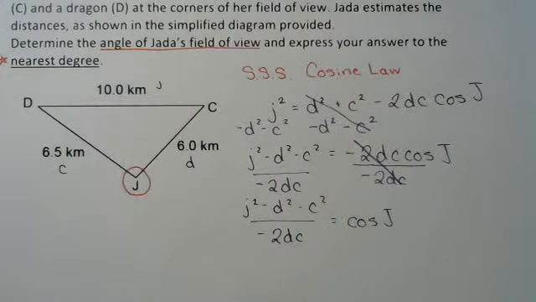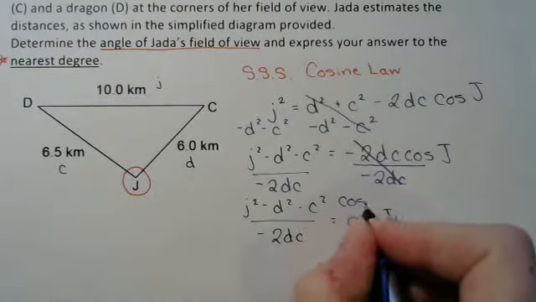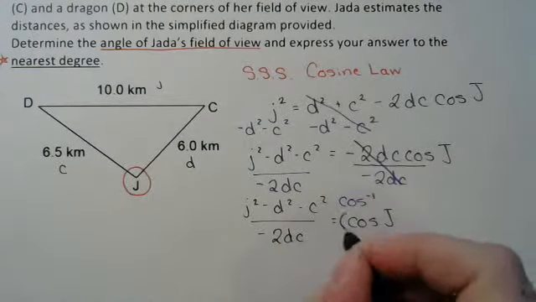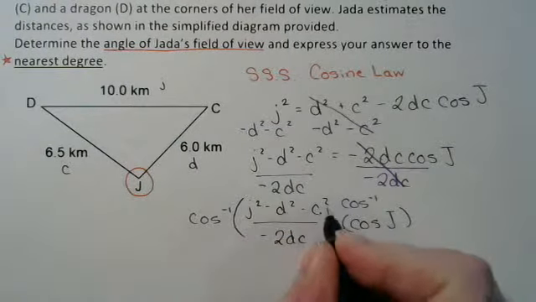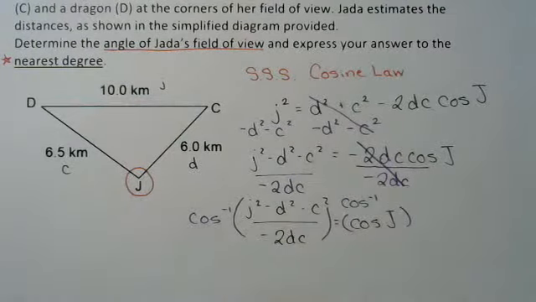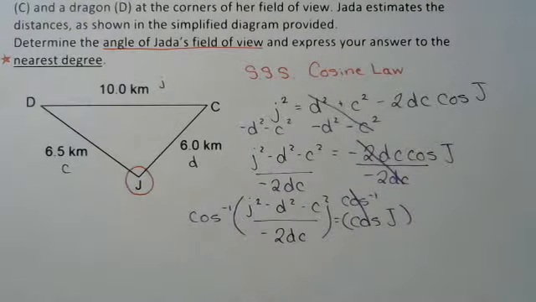And to get rid of a cos, we know now we do cos inverse of this whole side. So those would cancel out.